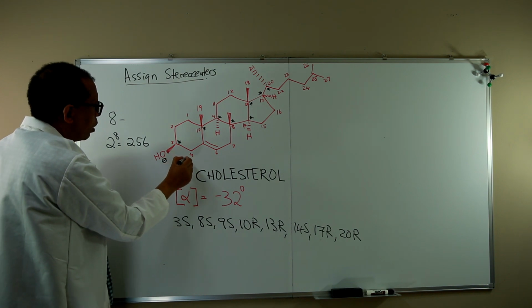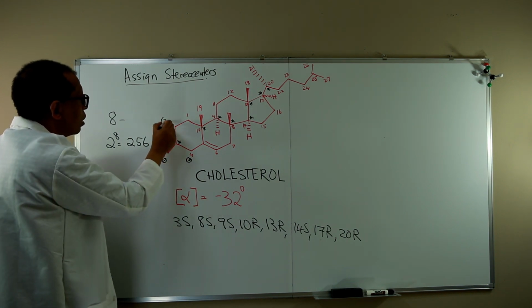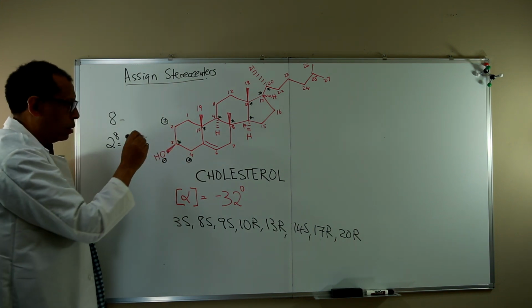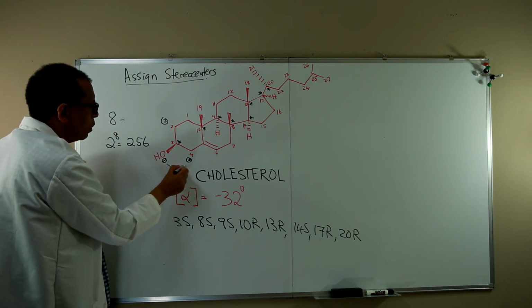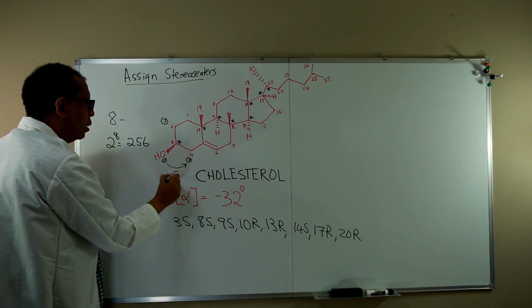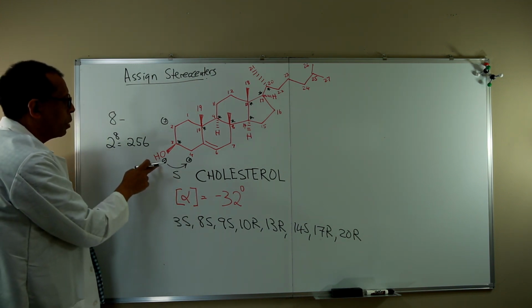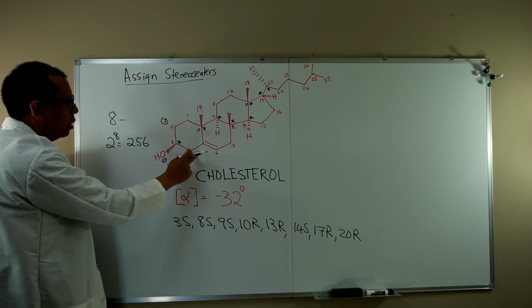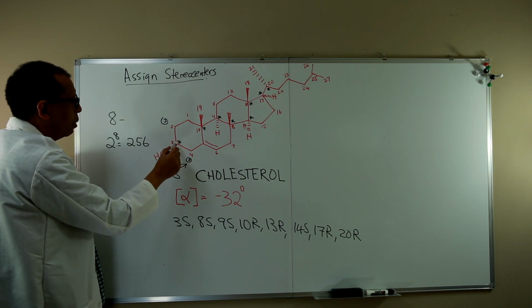So priority number 2 is this, priority number 3 is this side of the carbon. Obviously hydrogen is implied, it is down, so going from 1 to 2 is an S.